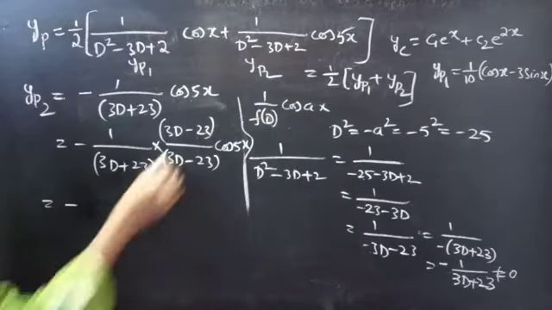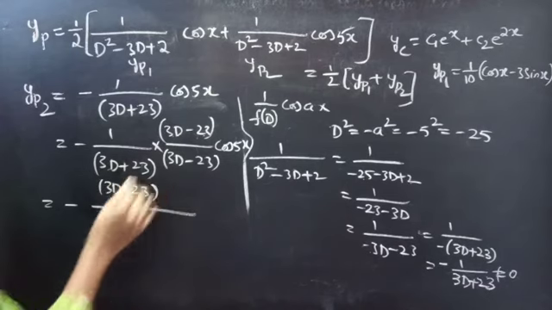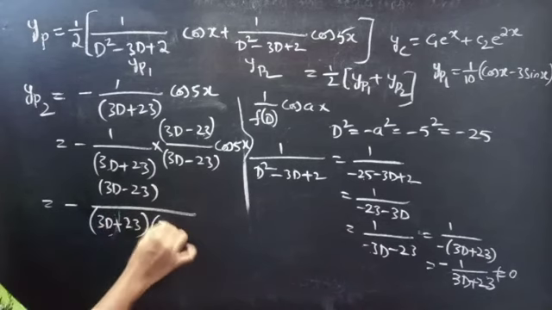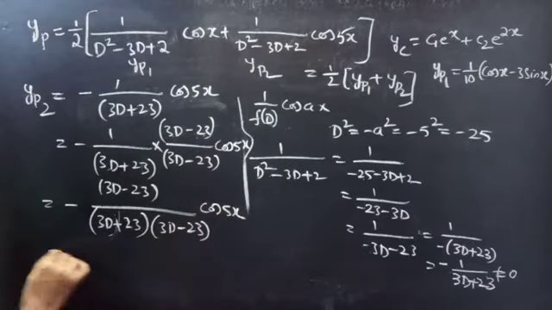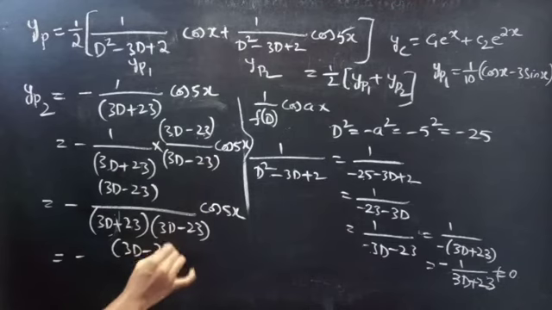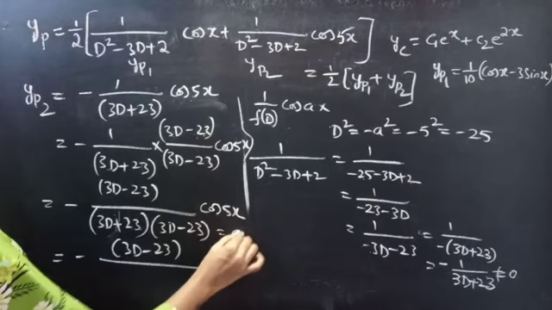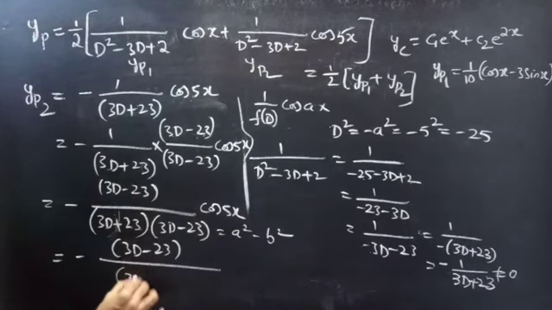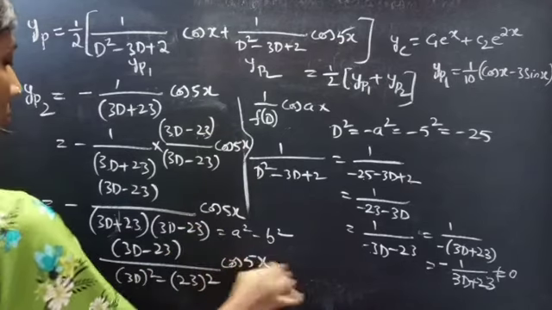Equals to minus 3d minus 23 by 3d plus 23 into 3d minus 23 into cos 5x, which is equals to minus 3d minus 23 by, the denominator is of a plus b into a minus b form, which is equals to a square minus b square, right? For a equals to 3d, you'll get 3d whole square minus, for b equals to 23, you'll get 23 whole square into cos 5x.